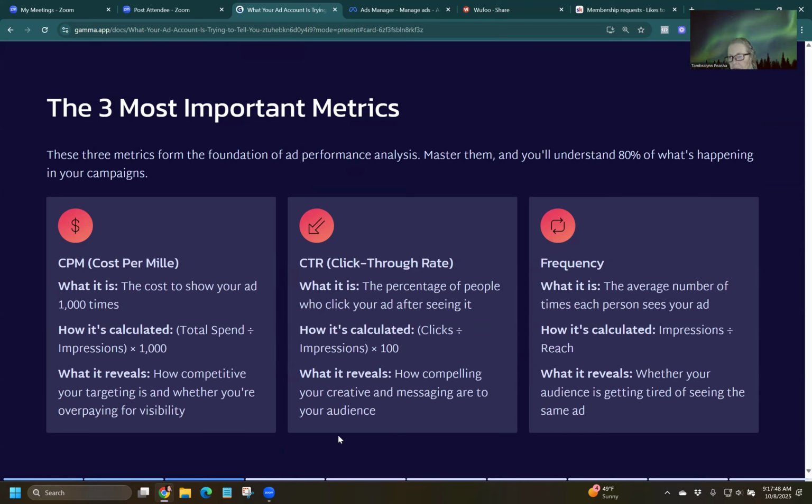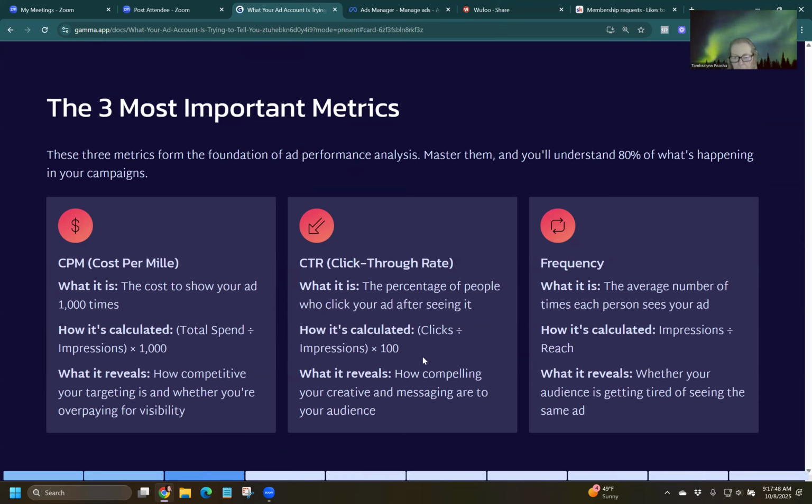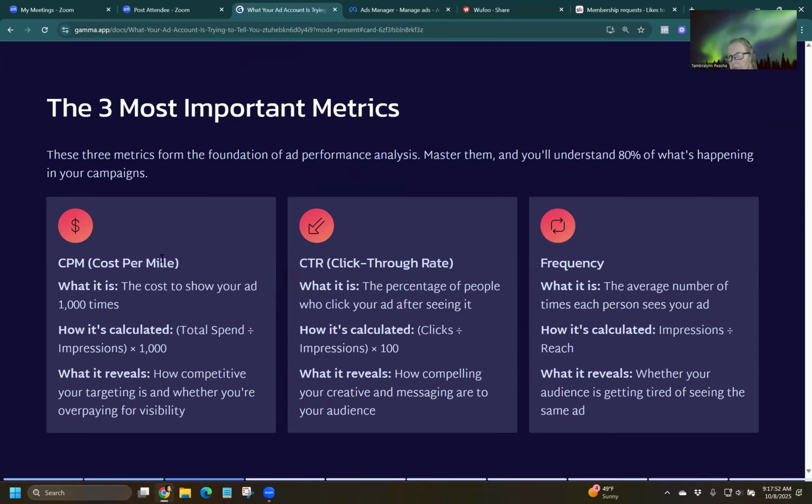So some of my most frequently looked at are these three things: your cost per thousand impressions, which is your CPMs. You're paying on your ads according to how much they're showing.